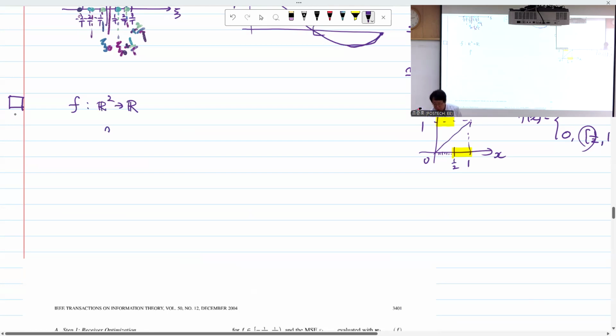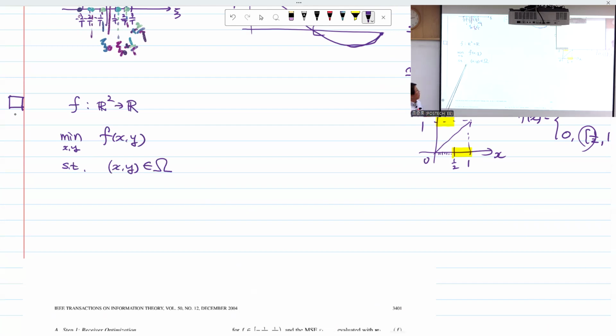So you have f of x comma y. Suppose you want to minimize this function value with respect to x and y, subject to x comma y in some constraint set. This is a standard optimization problem in R2, right? With some abstract constraint set.